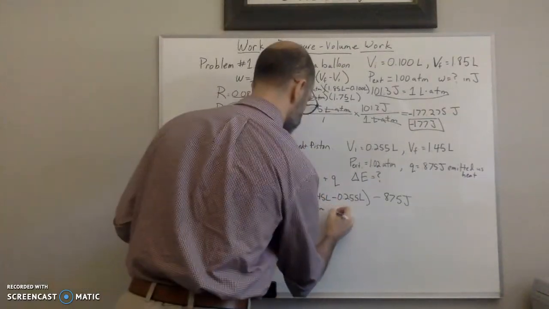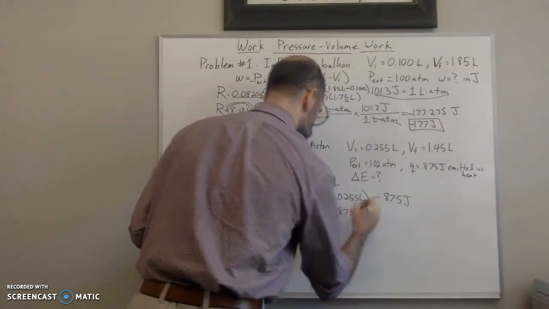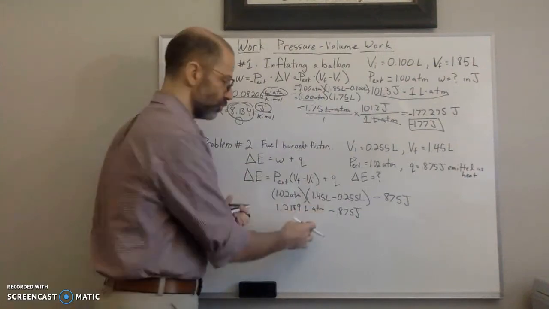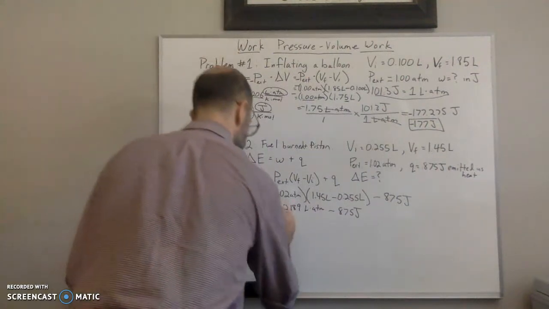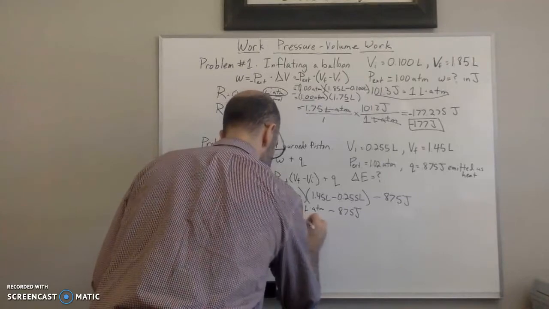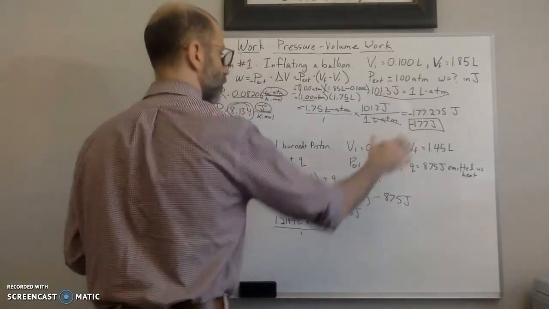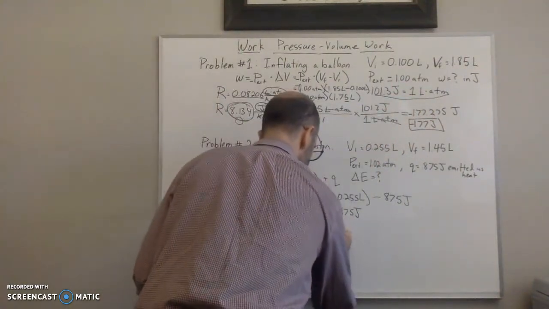And we're going to subtract from that 875 joules. Now, we have to convert liter atmospheres to joules if we're going to subtract these or add these together. So we need to change 1.2189 liter atmospheres over 1. We're going to use, again, our 101.3 joules to 1 liter atmosphere.